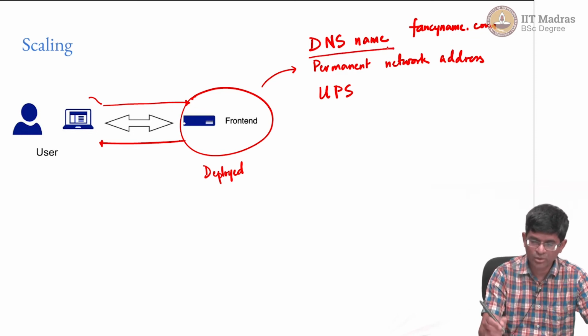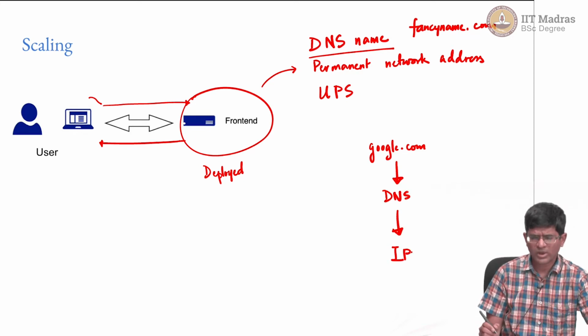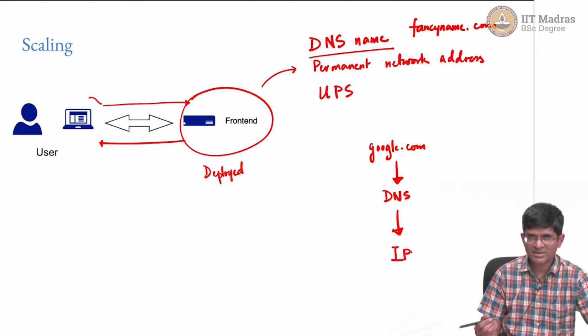They register with the domain name system, DNS, right, and they have it set up such that when someone looks up google.com, it goes through the DNS system and comes out with an IP address, okay, one or more IP addresses. And how is this being resolved?